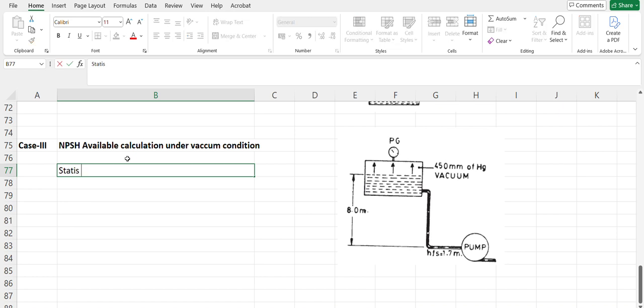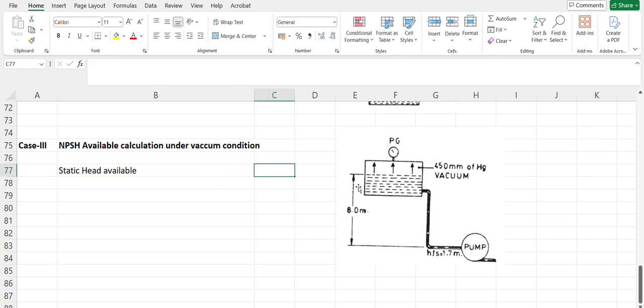First is the static head available. What is the static head available? Here in this example, we have connected the suction line to this tank, which is under a vacuum of 450 mm of Hg, and we have a pressure gauge to check that vacuum.